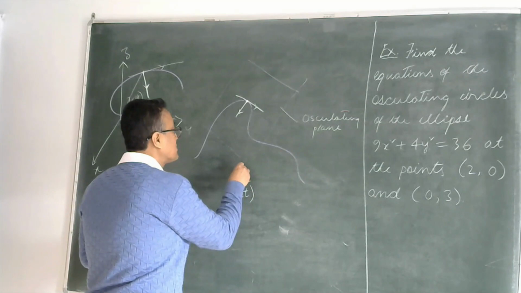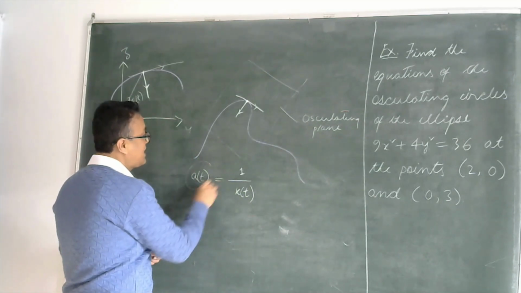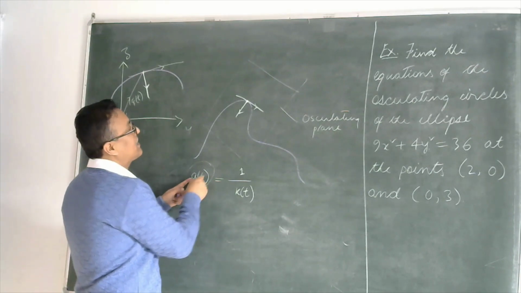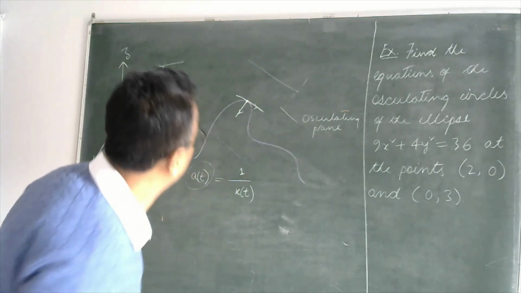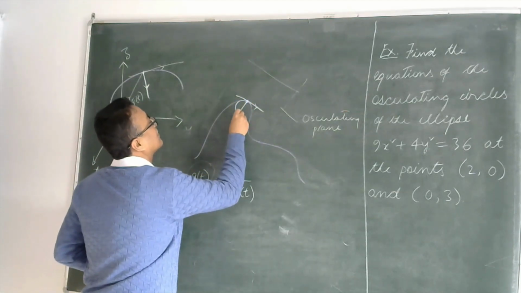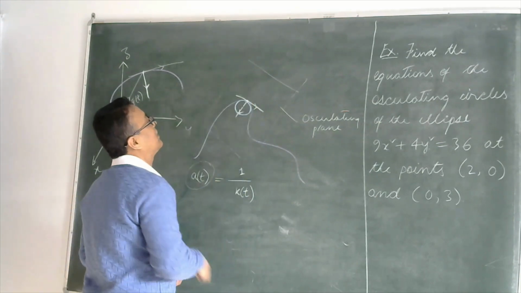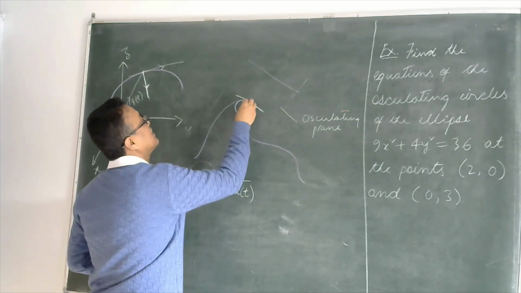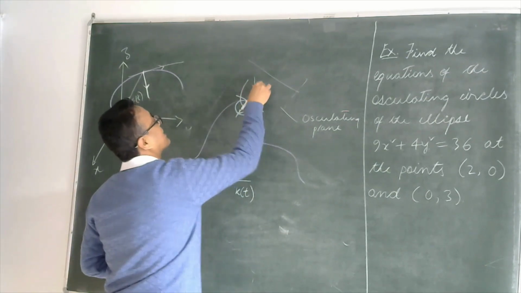So by considering a radius, I can draw a circle like this, where this radius is going to be given by 1 by kappa.